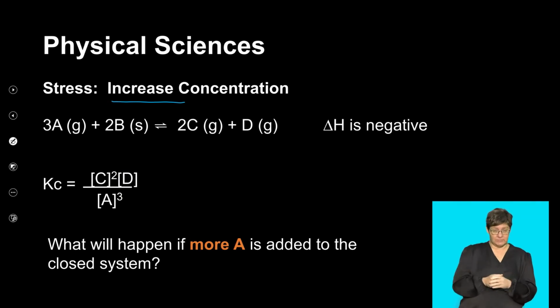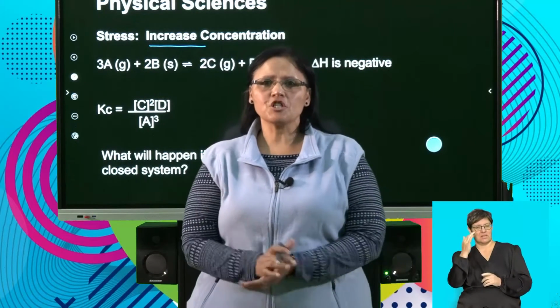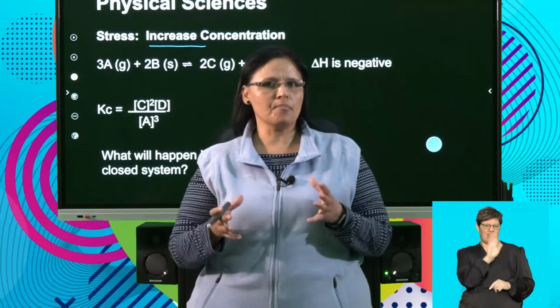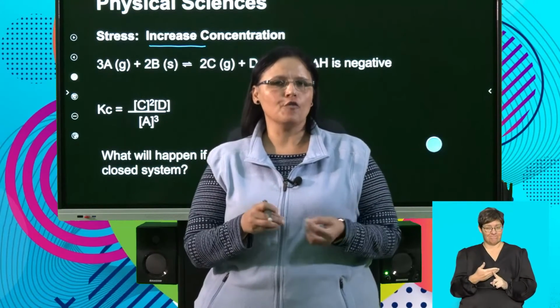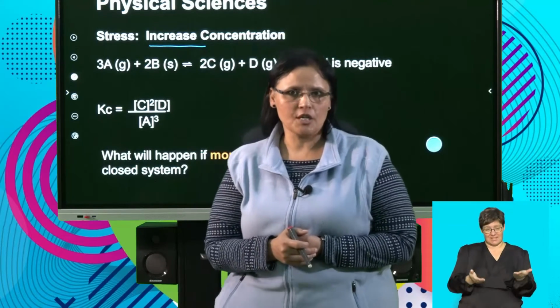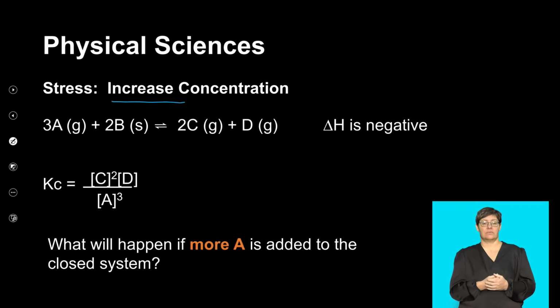Now what I'm going to do is work with a hypothetical reaction, and we need to remember everything that we've done up to now in terms of using our balanced equation for the Kc expression. Right. So we have 3A, 2B, and I want you to note that my 2B is a solid.